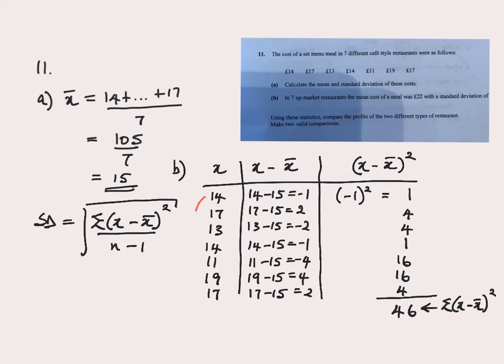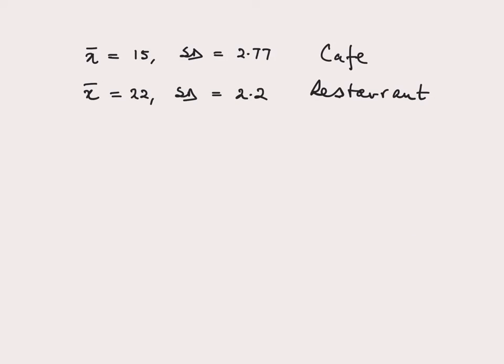This is the value n here, which is to say the number of pieces of data, and there are 7 of them. So it's 46 over 7 minus 1, square root the total, and we get 2.77.